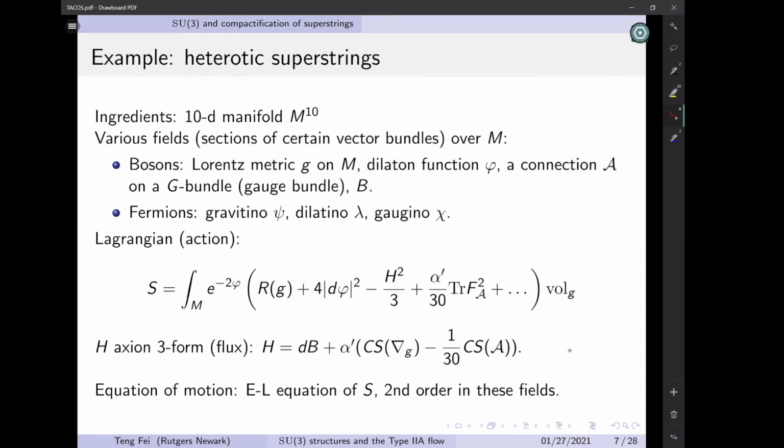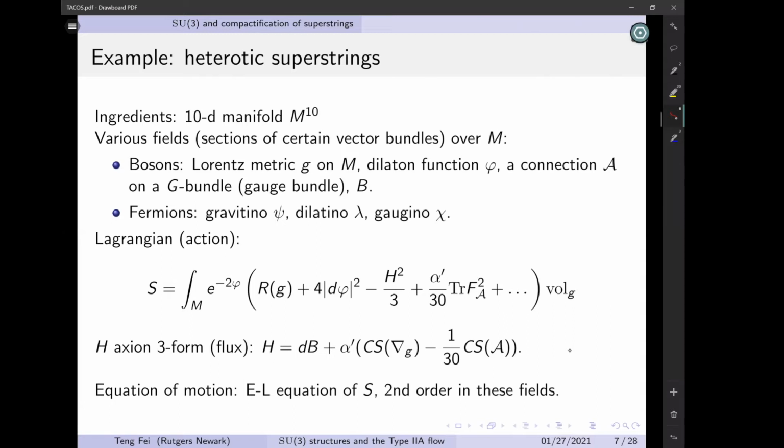So I'm ignoring any fermions, because later we're going to put all the fermions to be 0. And also there's a ... here, which includes higher order correction terms, in the order of alpha prime. So this alpha prime is a coupling constant.